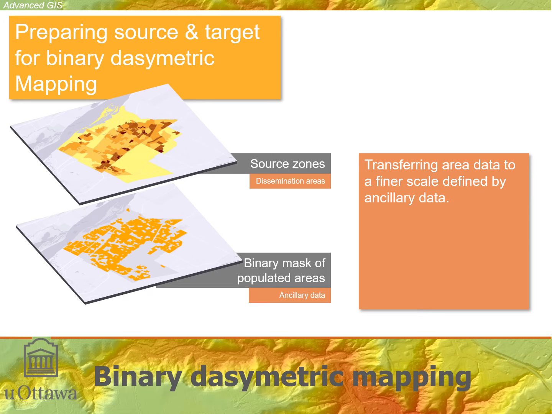And so we have here a source, and then we have a binary dasymetric map. The binary map here is of populated areas, and this is just a section of Orleans. So we have a populated region, which is the orange. That's where people can live. Gray or anything else means they can't live there, and that's the ancillary data set.